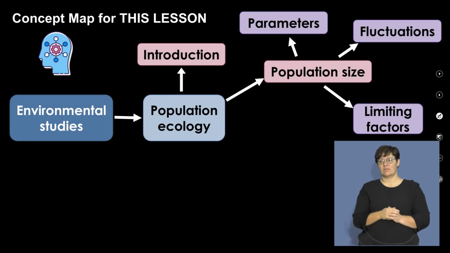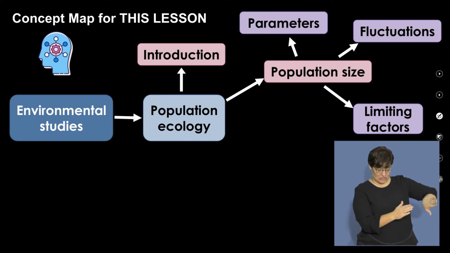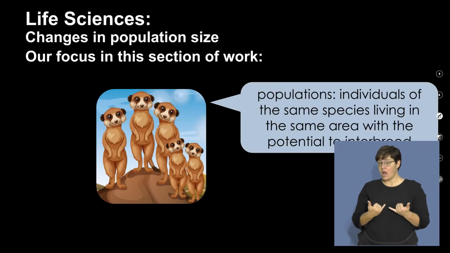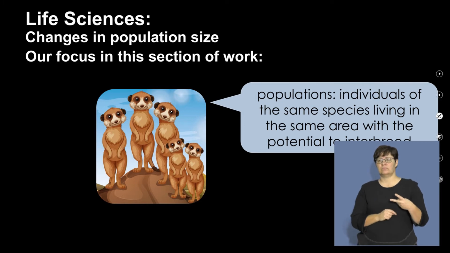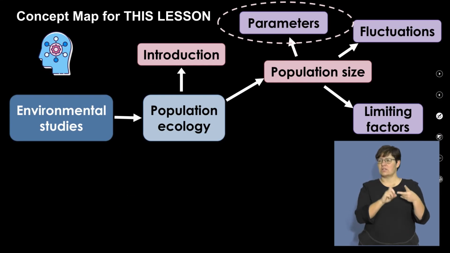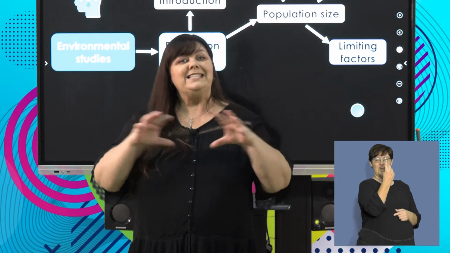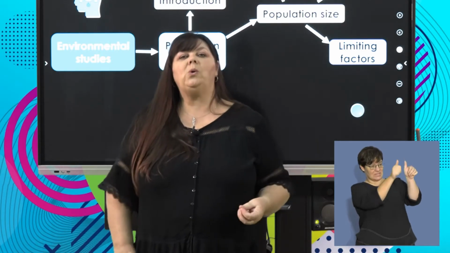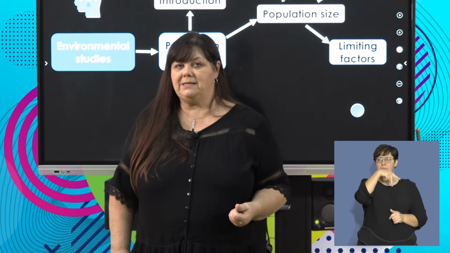So here's where we were. We've done our little introduction. What we now need to say is we are focusing on populations, and we're going to move on to this first subtopic called parameters.